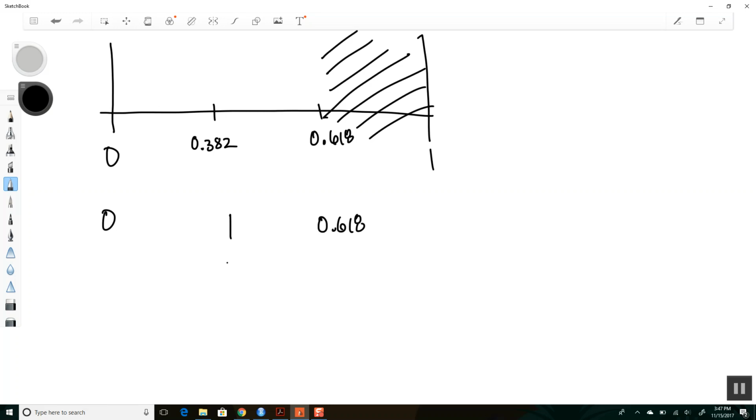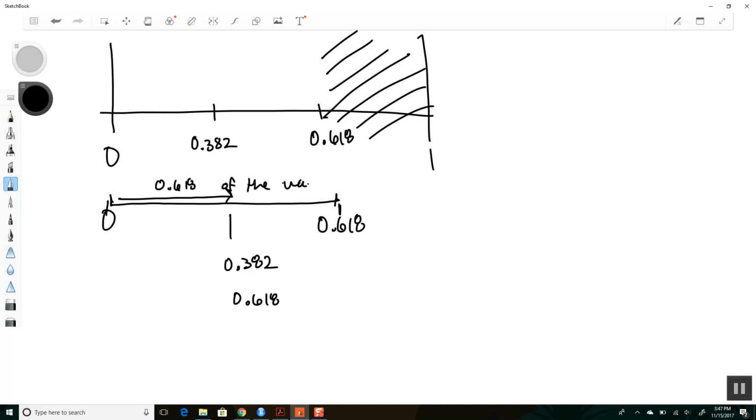This location, 0.382, is 0.618 of the way between 0 and the new boundary, because of the golden ratio. So it is 0.618 of the way to our new R. Then I only have to find a new location down here.